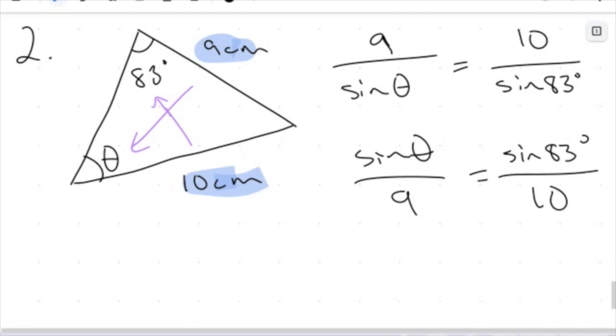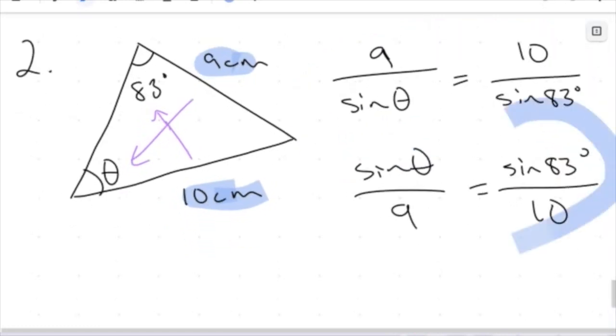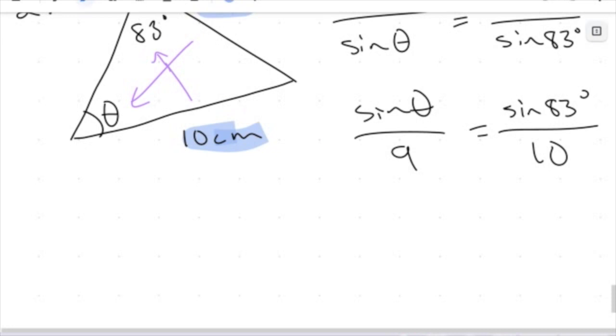You don't have to do this, but there are quite a few more steps when you solve this equation in this form compared to the form you get over here. Since these are both fractions, whether I have 9 over sine theta equals 10 over sine of 83, or flipped over, sine of theta over 9 equals sine of 83 over 10, I get the exact same thing. I can write it in two different ways.